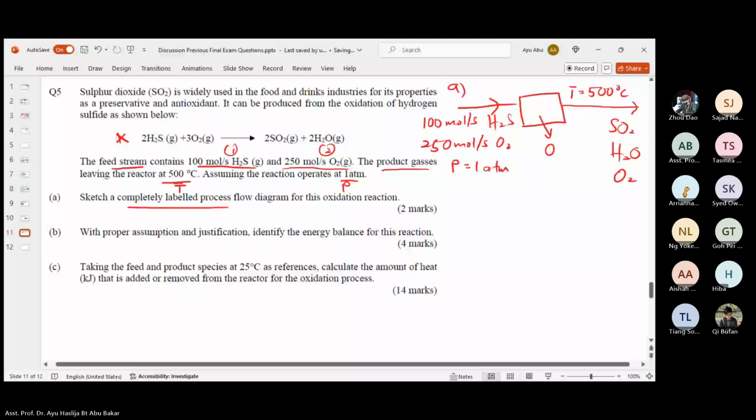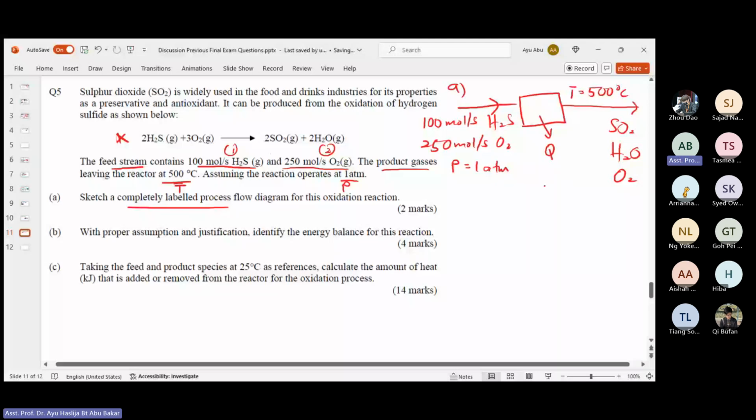It is an oxidation process. So we assume oxygen is in excess. The H2S is the limiting reactant. Okay, so from the given statement, here is the completely labeled process flow diagram.